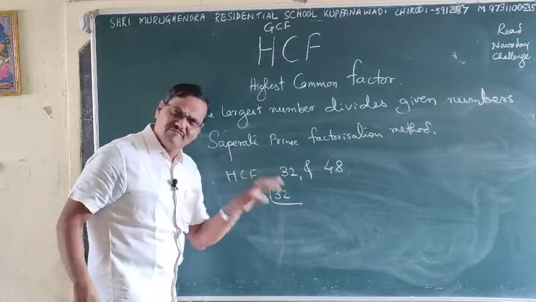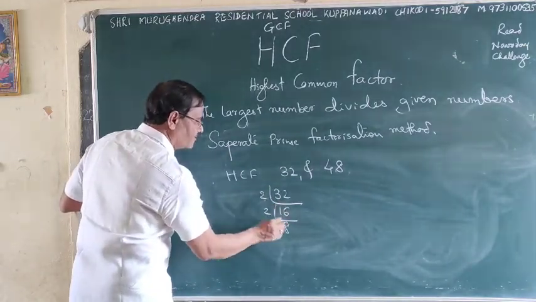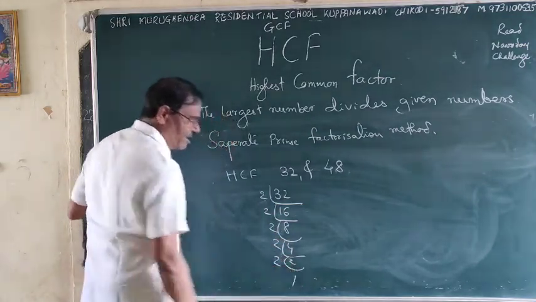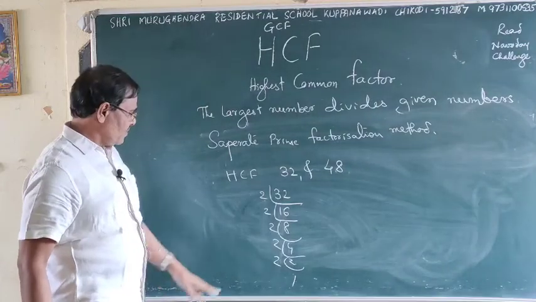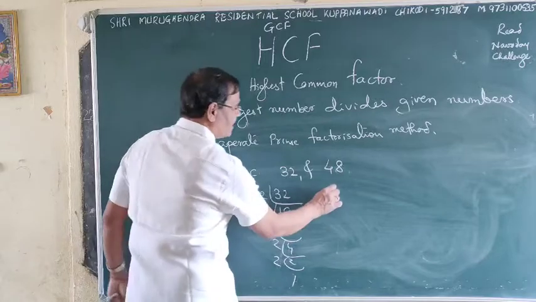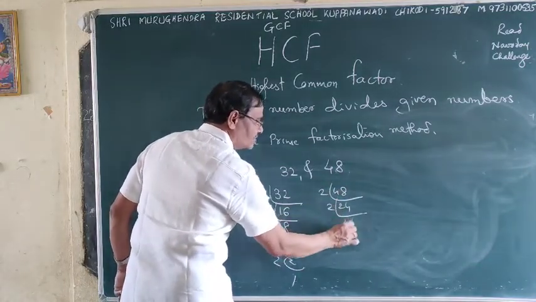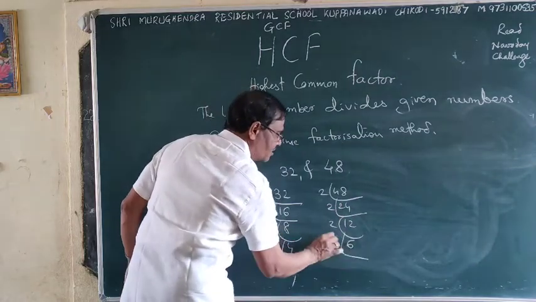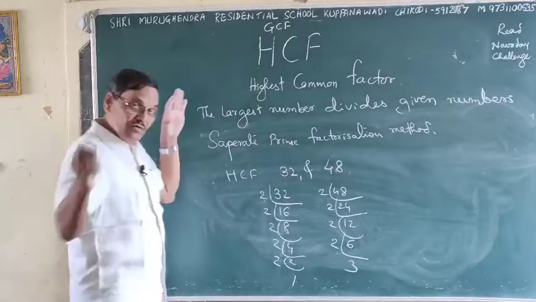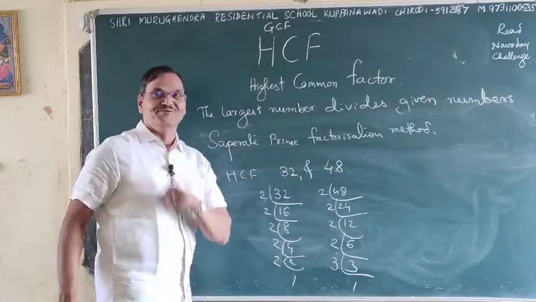Prime factorization of 32 we have to do. 2 16s are 32, 2 8s are 16, 2 4s are 8, 2 2s are 4, 2 1s are 2. Five 2s. For 48: 2 24s are 48, 2 12s are 24, 2 6s are 12, 2 3s are 6, and 3 1s are 3. Up to 1 we have to do.